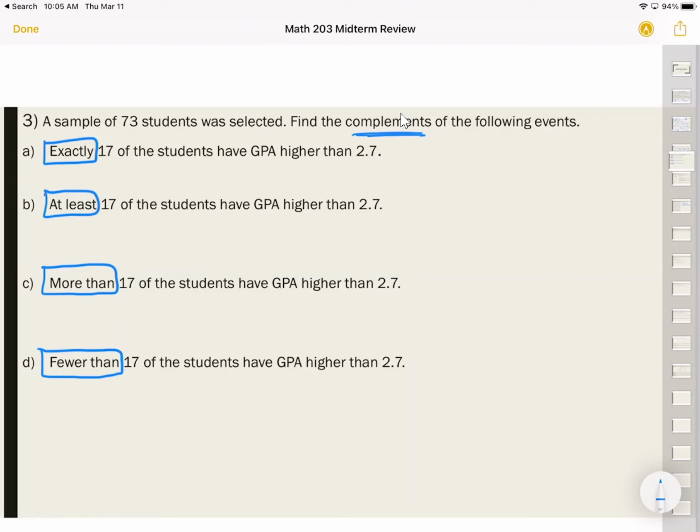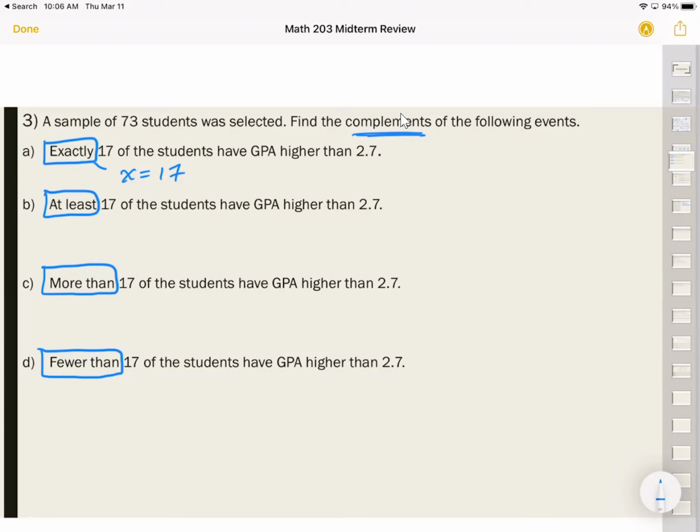So one thing is, remember when it's exactly 17, if I pick a number for x, the x has to be equal to 17. If we look at this from an algebra perspective, in order to be exactly 17, this x has got to be equal to 17.